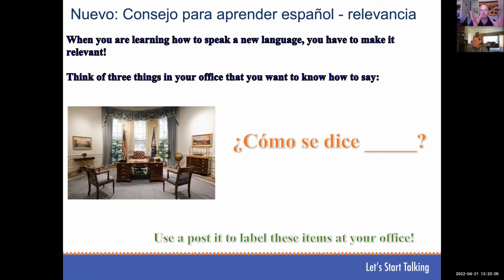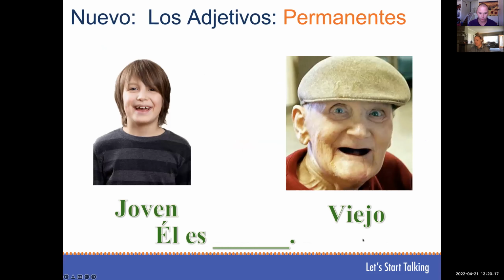You know what I mean? You have a very specific path in this language, and the more you can identify what you're actually saying, the faster you'll actually start speaking Spanish.